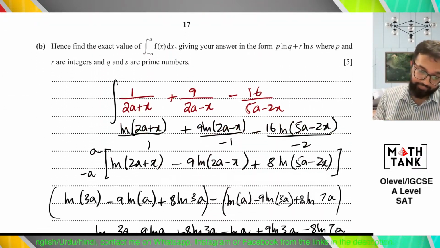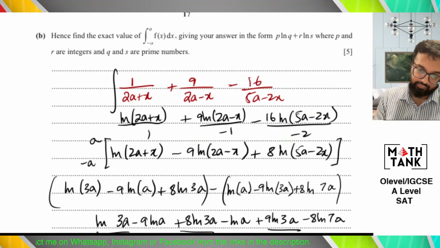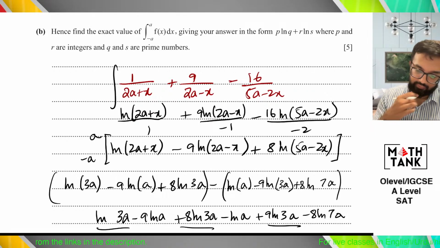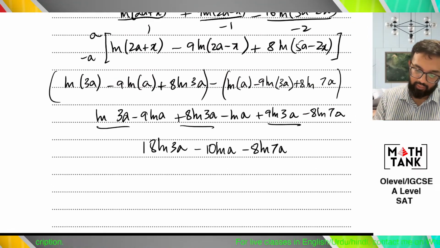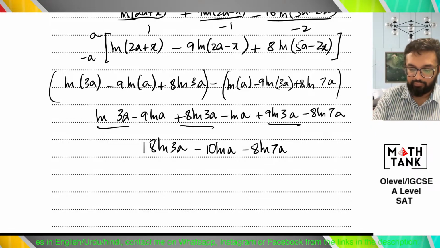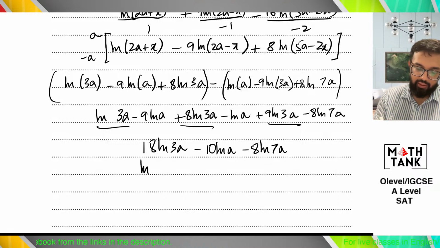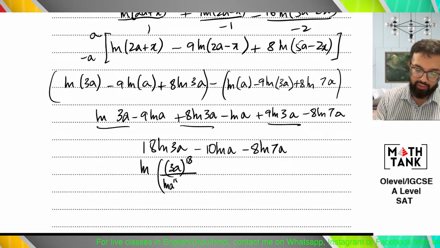Okay. So ln 3a power 18 and ln a power 10 in the denominator.